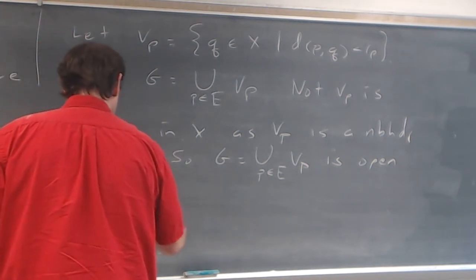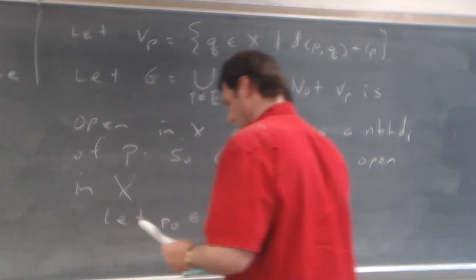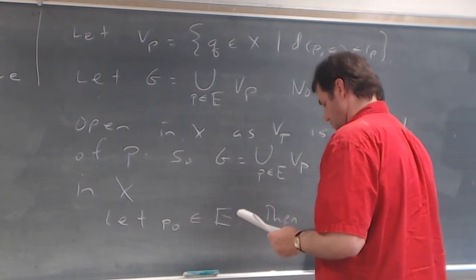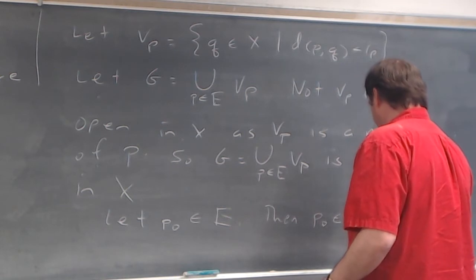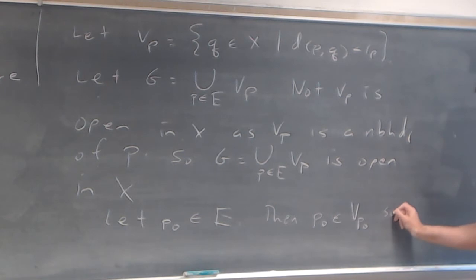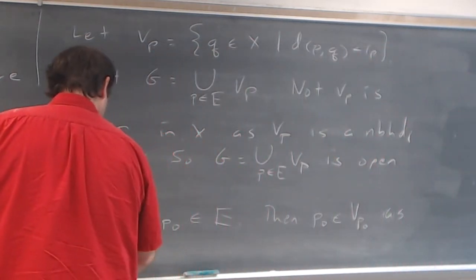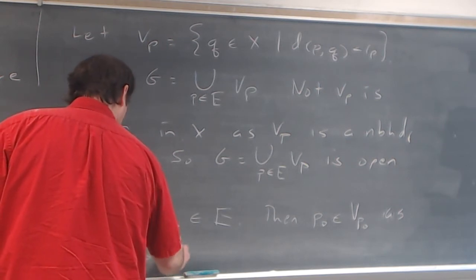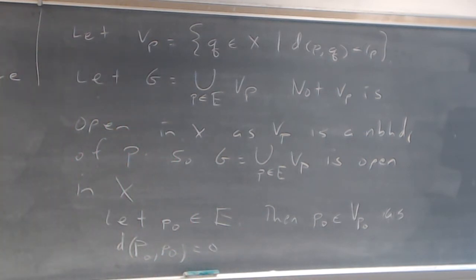We'll let P naught be an element of E. Then P naught is definitely in B sub P naught, as the distance between P naught and P naught is equal to 0, which is less than R sub P naught, which is bigger than 0.